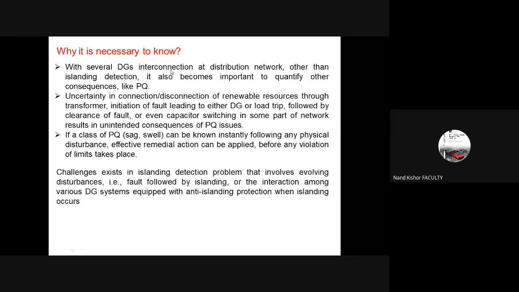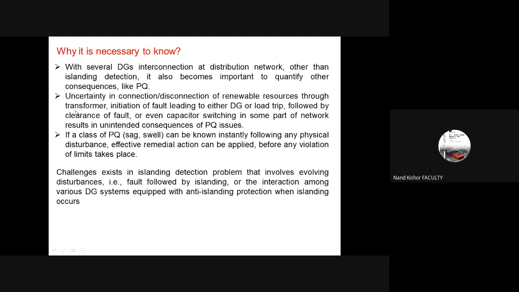Because when several DGs are interconnected, other than islanding, it is also important to quantify the power quality, because power quality is also associated with the islanding event here, right? And we do not know, because we don't have any information. There is an uncertainty in the connection and disconnection of the renewable resources.